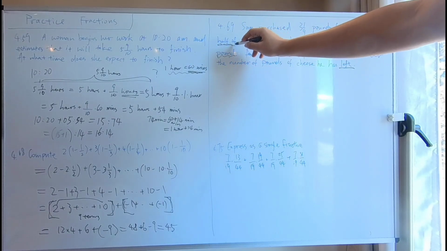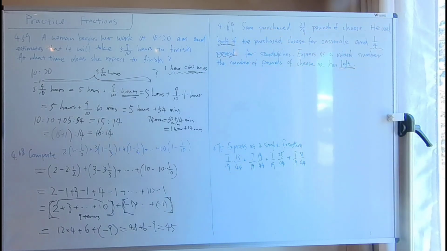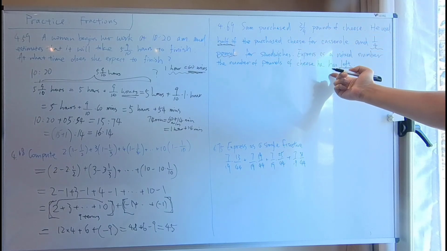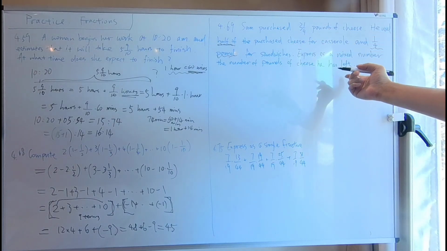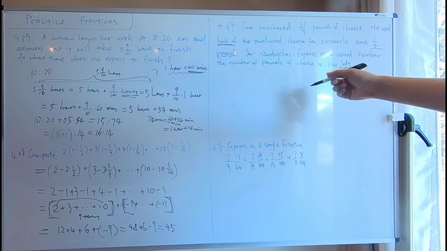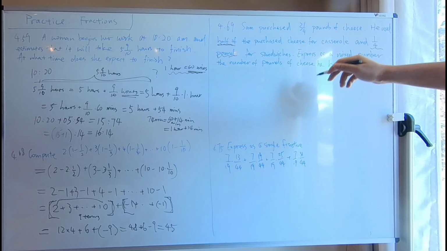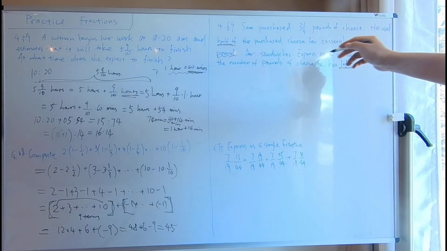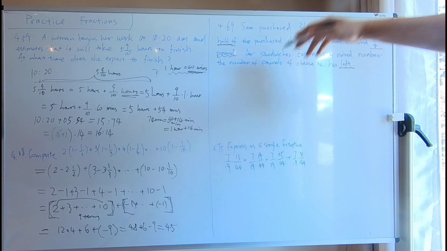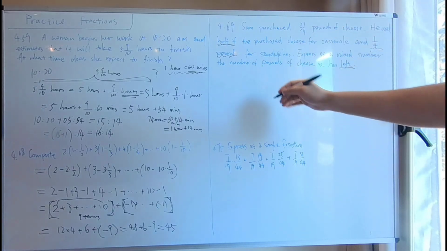So you can see here, it's not a direct number with units, but it expresses a fraction of the original amount. So let's see how we do this. By the end, to solve how much is left, we will need to calculate the quantities: how much was used for casserole, how much for sandwich, and then what is left is what has been left.